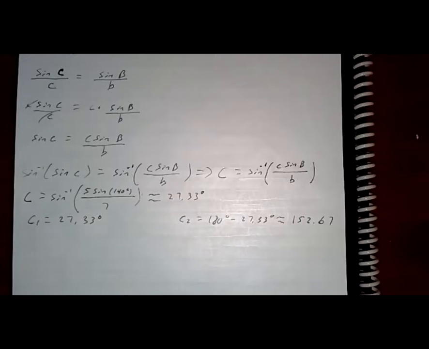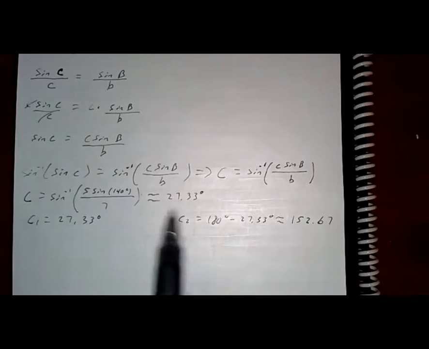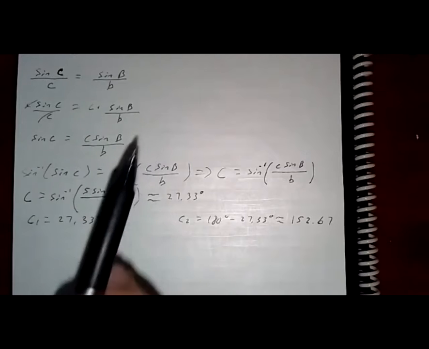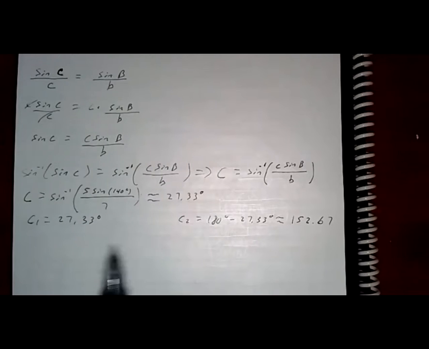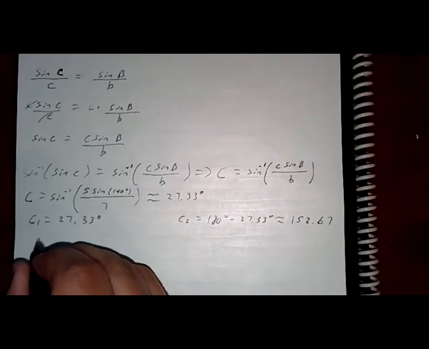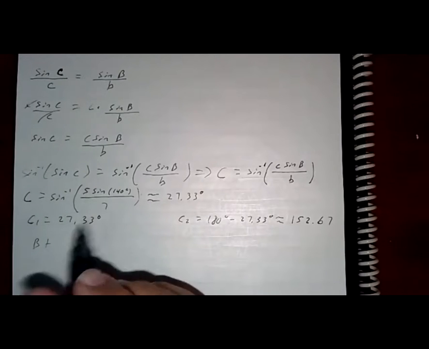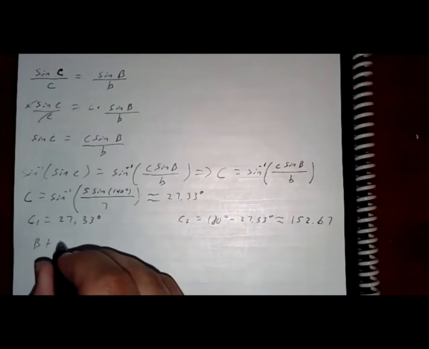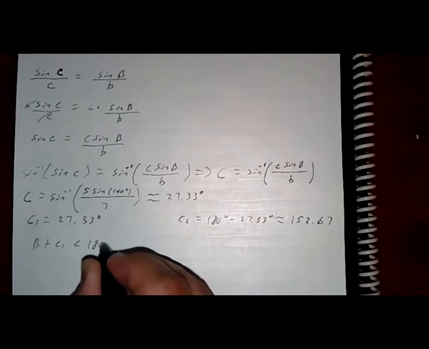So let's check this out. Angle B is 140 degrees. Do you agree that B plus C1 is less than 180?